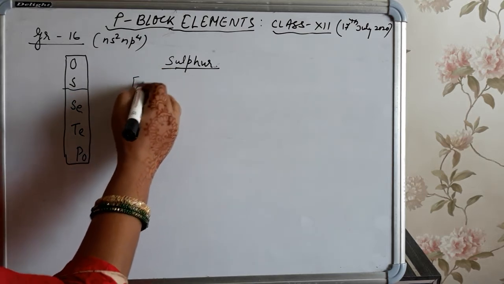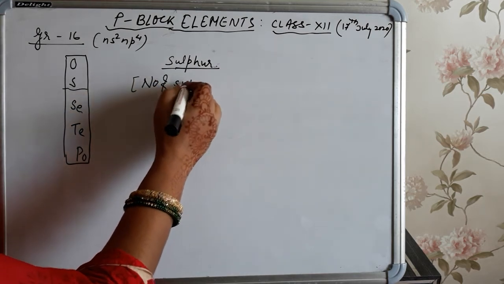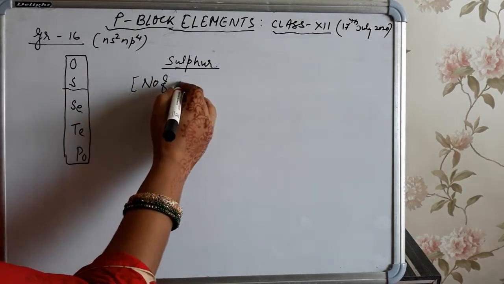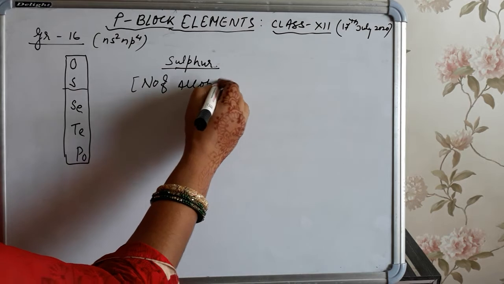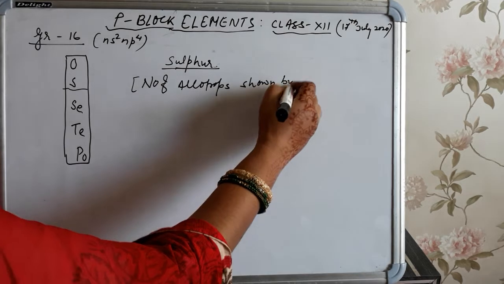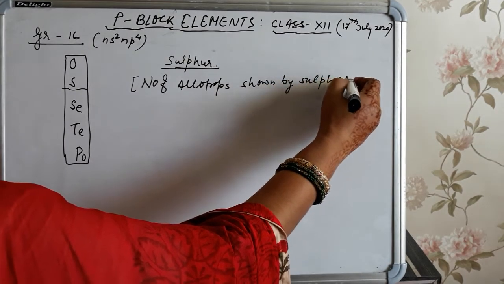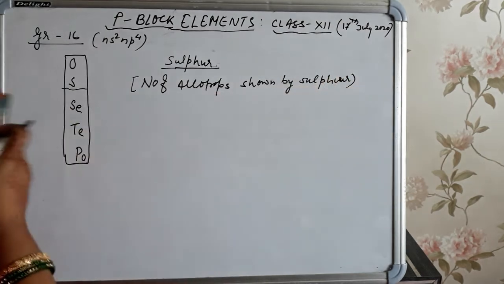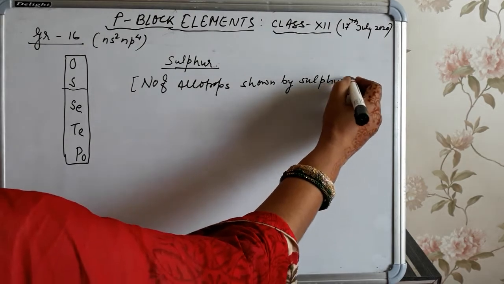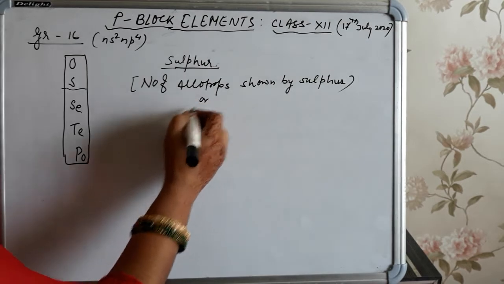So at first, we discuss the number of allotropes shown by sulfur, or the number of allotropes that are known.